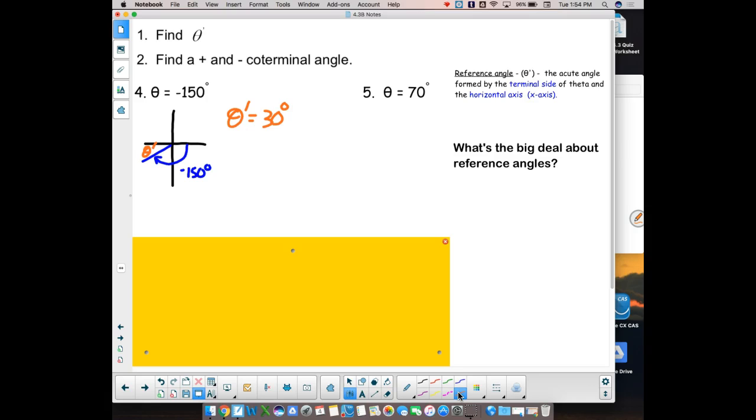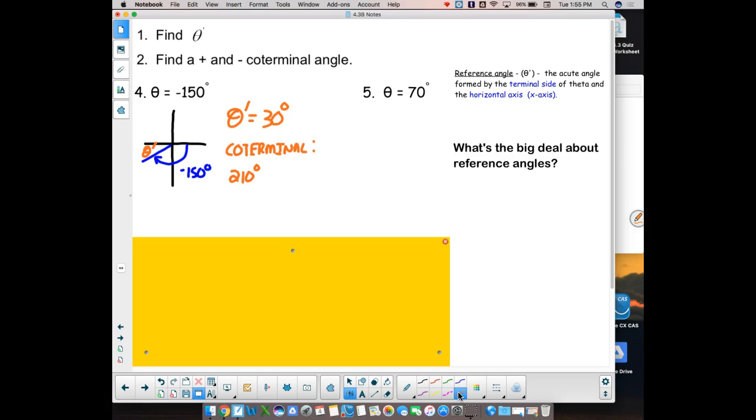If I would like to come up with some coterminal angles, I can add 360 to negative 150, right? Puts me in the exact same spot. So if I add that to it, I would get 210 degrees.